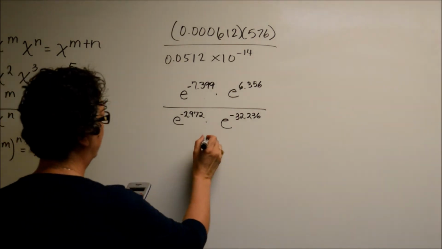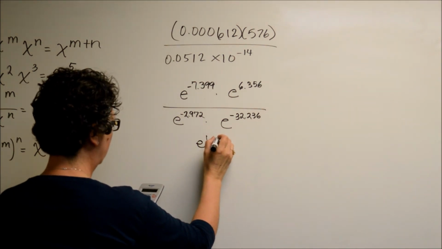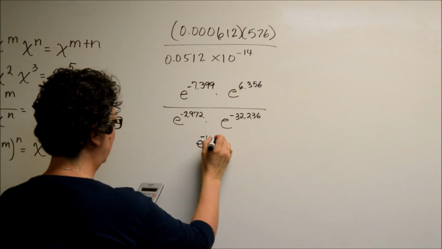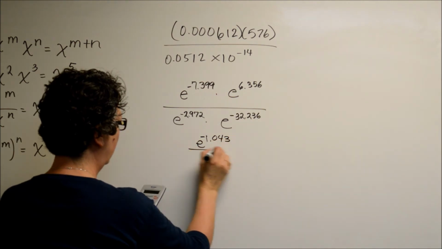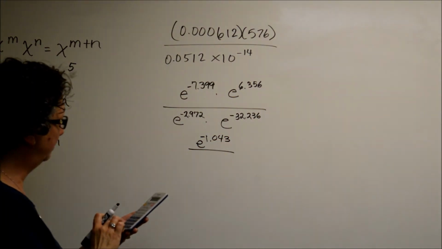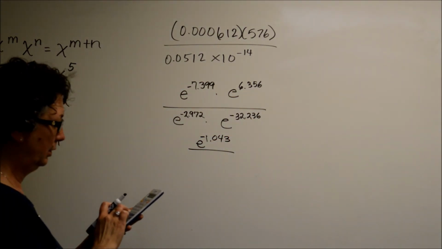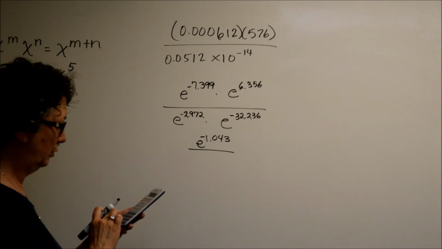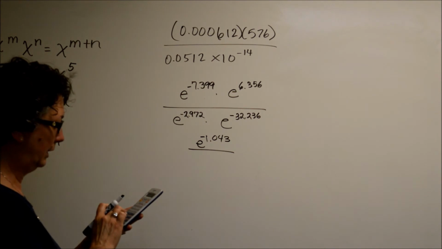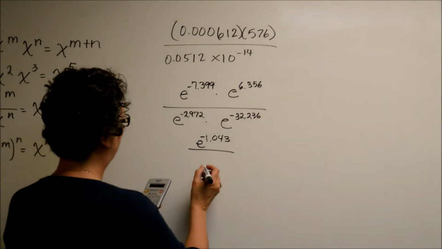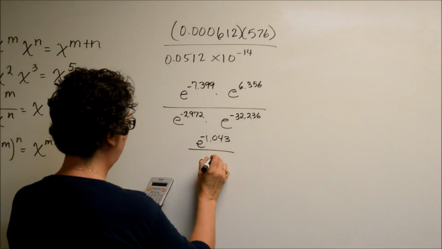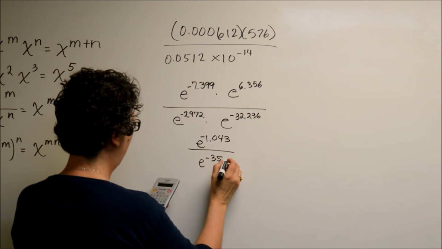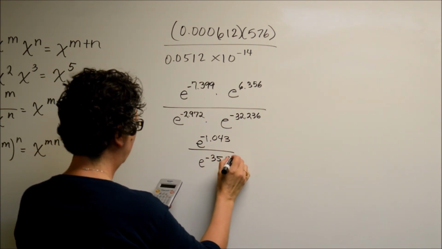I got e to the negative 1.043, divided by, on the bottom, negative 2.972 and negative 32.236. So I got e to the negative 35.208.